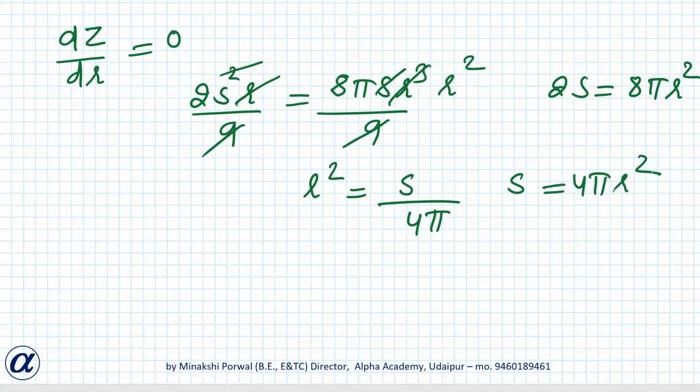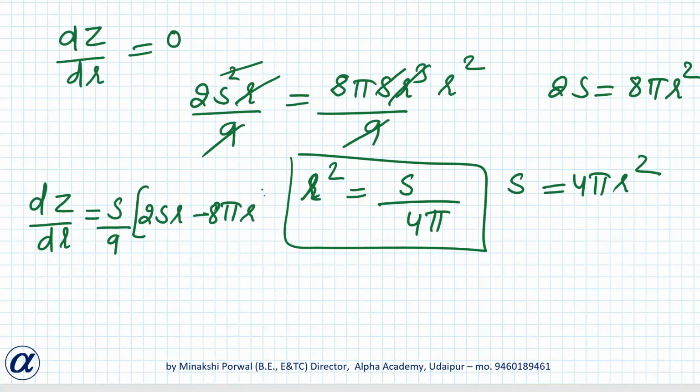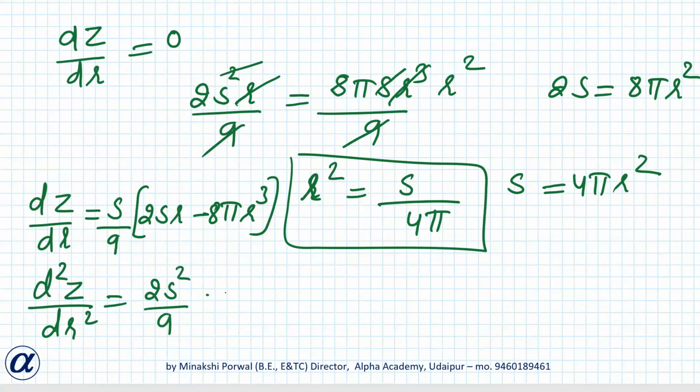Now we got s. Now we find the second derivative. dz by dr was, if we take s by 9 common, 2 s r minus 8 pi r cube. So d square z by dr square is 2 s square by 9 minus s by 9 into 8 pi into 3 r square.